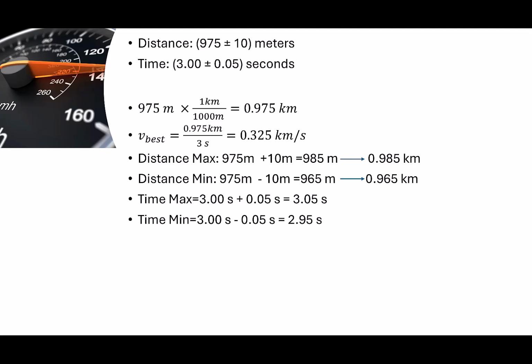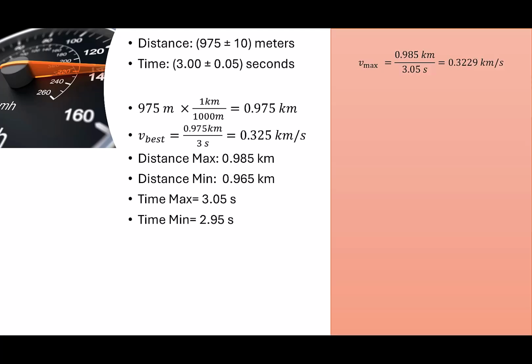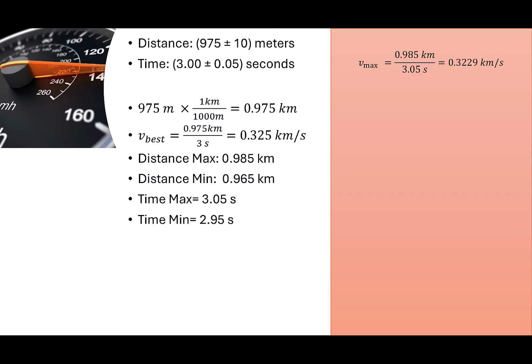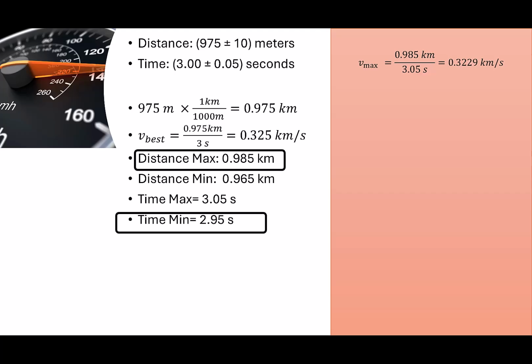We want to use these calculations to find the maximum possible speed and the minimum possible speed. You might think to find the maximum speed that you would divide the maximum distance by the maximum time. That would give us 0.985 kilometers over 3.05 seconds, which is 0.3229 kilometers per second. But let's compare that to dividing the maximum distance by the minimum time.